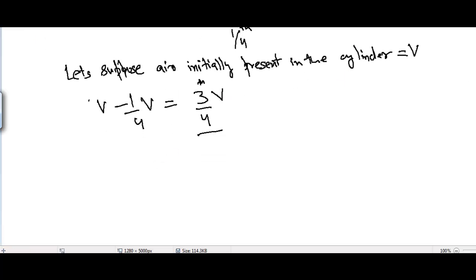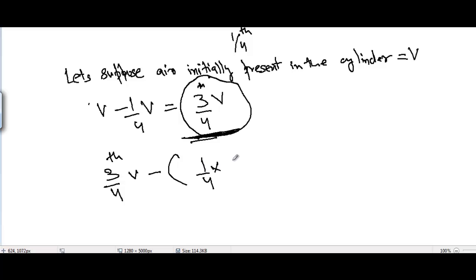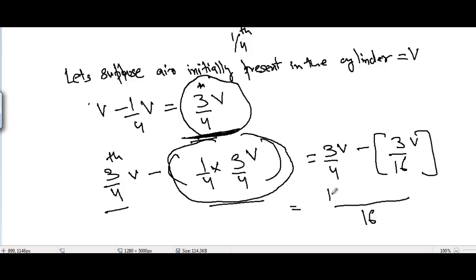Next time we will again remove 1/4 of the remaining air. So what if we remove 1/4 of the air from this much of air? 1/4 of 3/4 V is equal to 3/16 V, and we remove that from 3/4 V. So we will get 3/4 V minus 3/16 V, and 16 will be the LCM here, so I get 12V minus 3V, which is equal to 9V divided by 16.